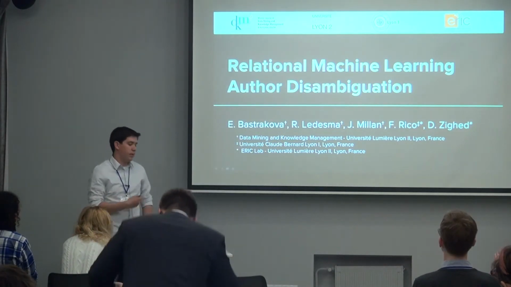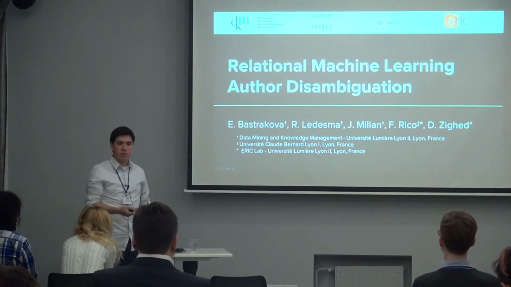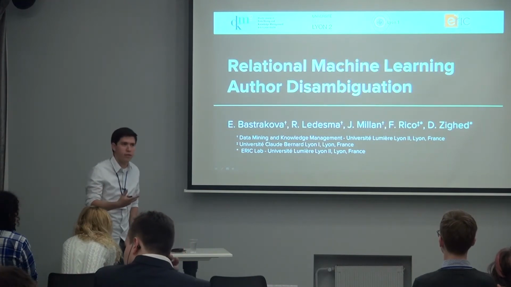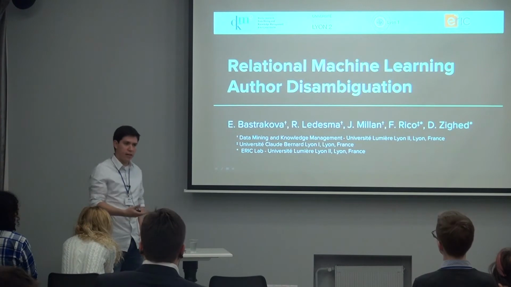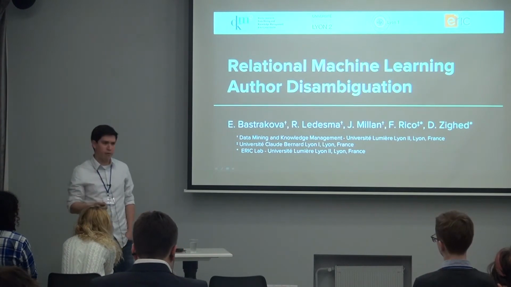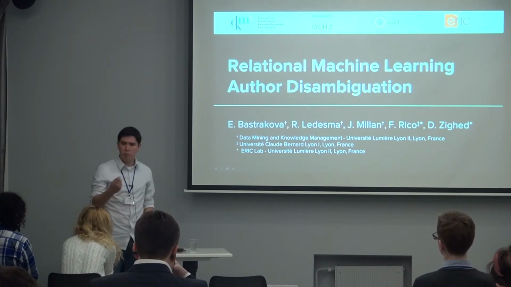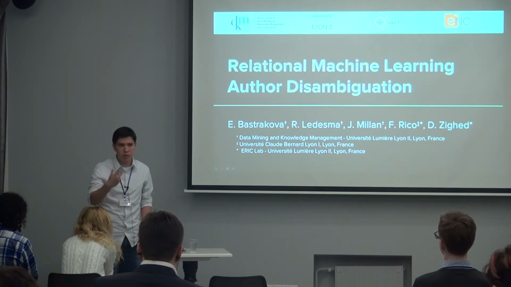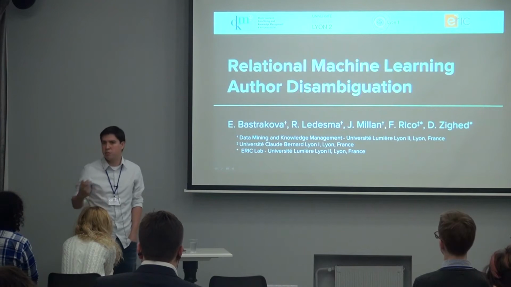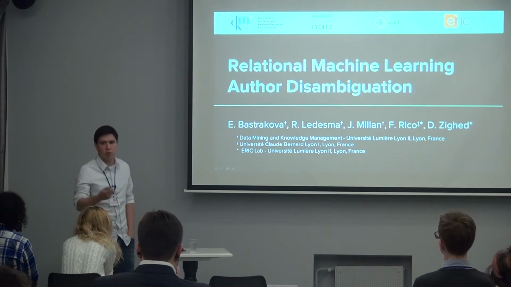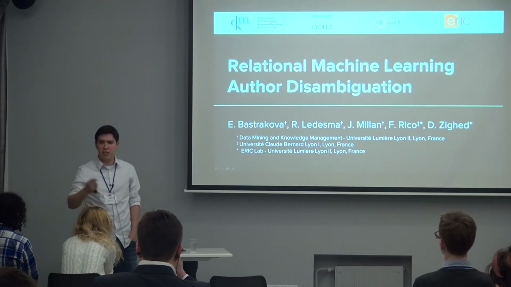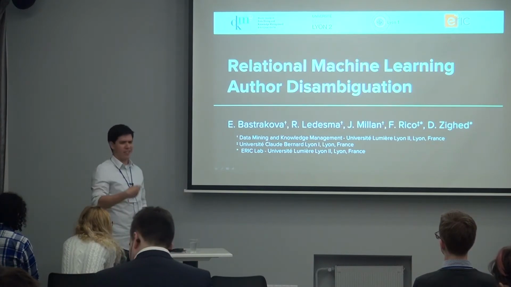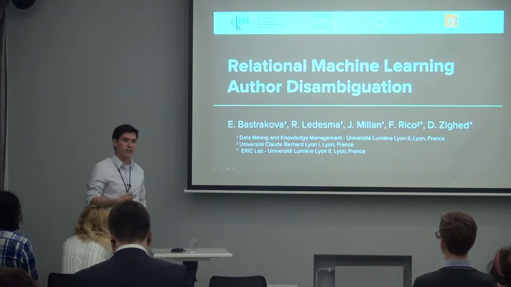Why is this important? In the past years, we've seen that we have many data sources of information about scientific articles and papers. We have many digital libraries. When we try to search for a specific person, let's say a John Smith that writes about machine learning, and we try to search for his articles, we find that there are 10, 100 John Smiths.